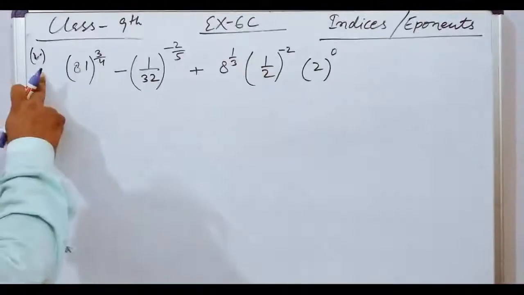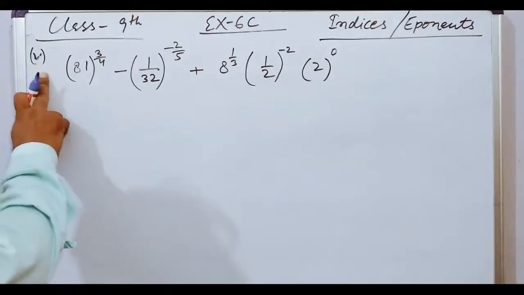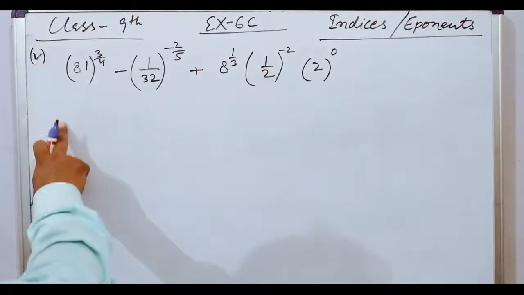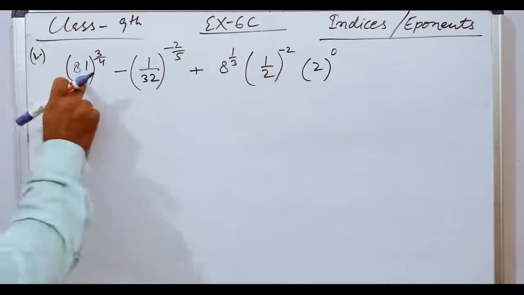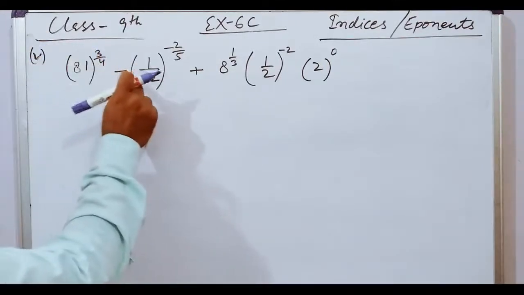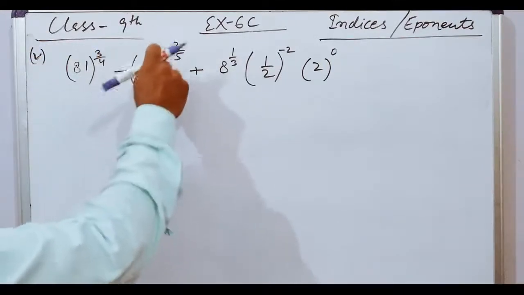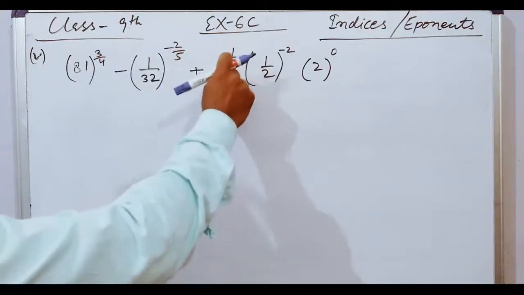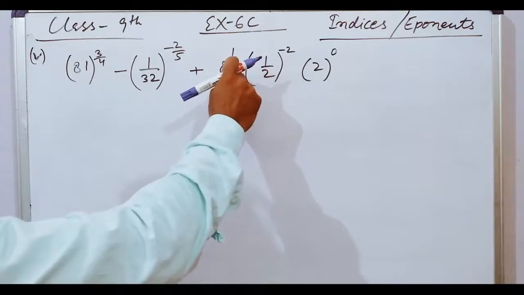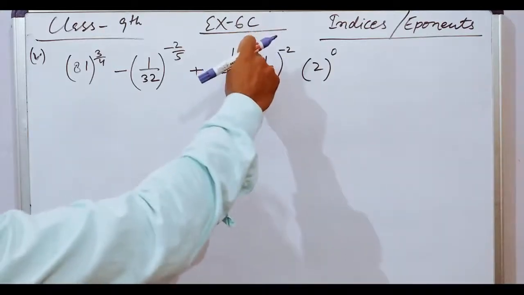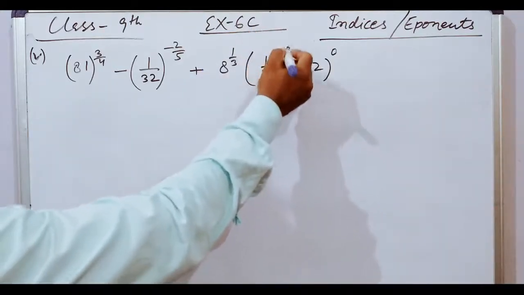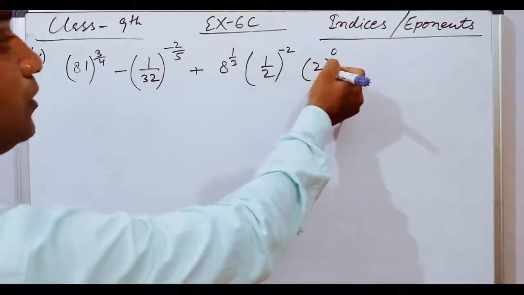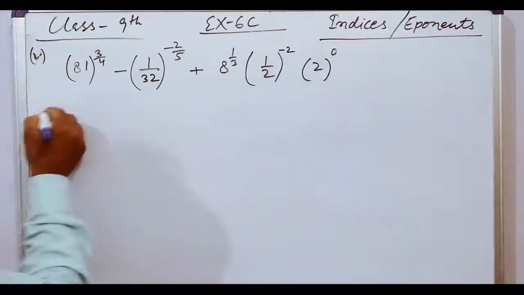Yes, dear student, now the fifth part of this question. 81 whole 3 upon 4 minus 1 upon 32 whole power minus 2 upon 5 plus 1, 8 whole power 1 upon 3 into 1 upon 2 whole power minus 2 into 2 to the power 0.